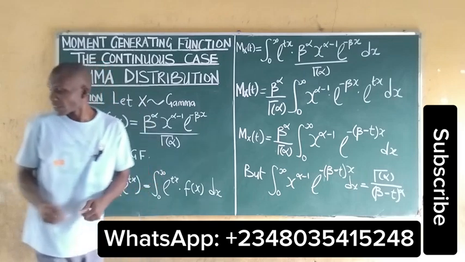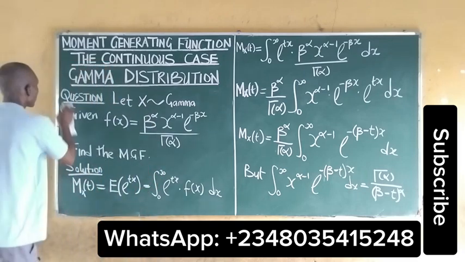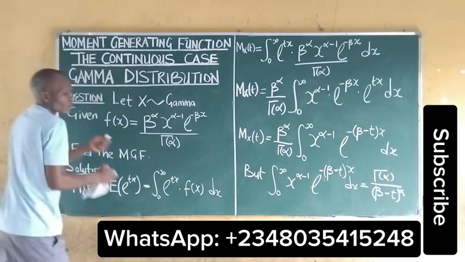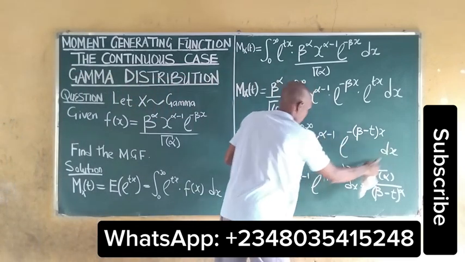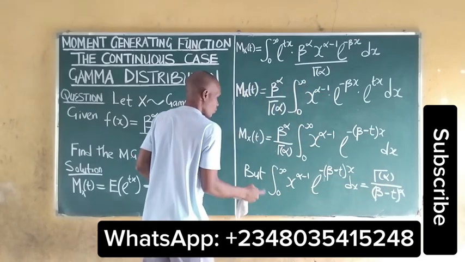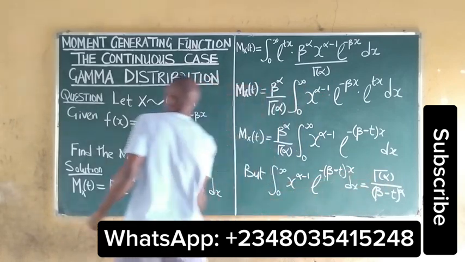So that is it. We come over to this side. The whole of this function here will give us this. So the next thing to do is to combine this and this.